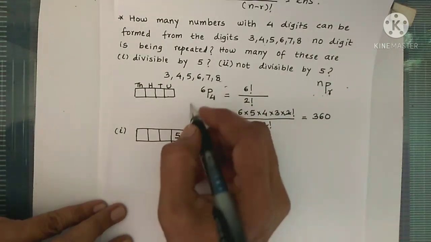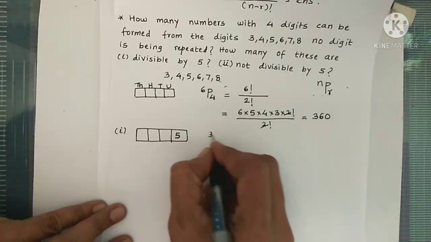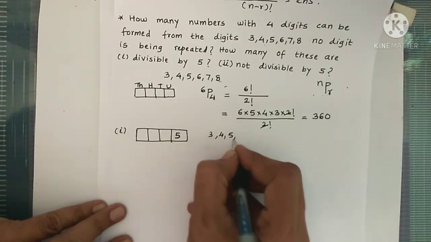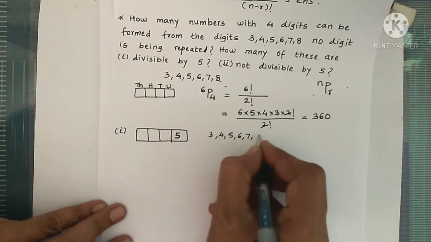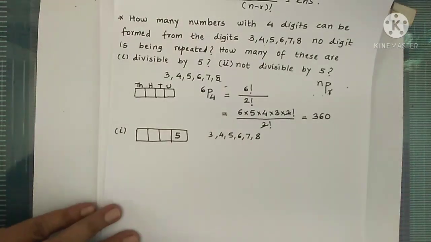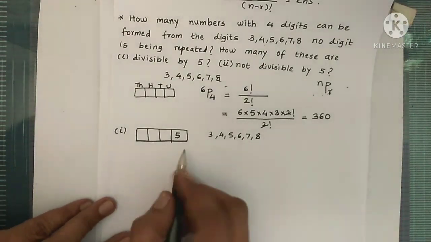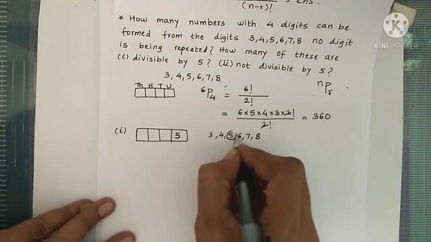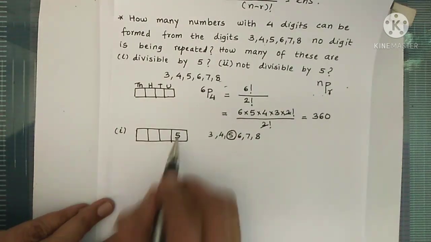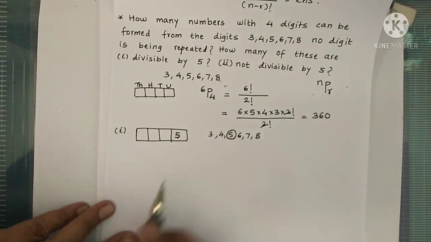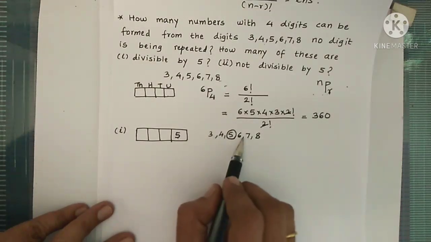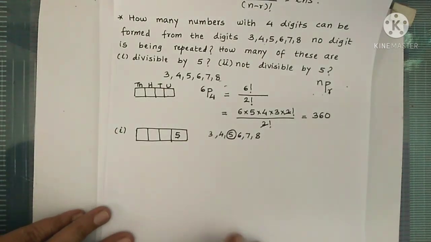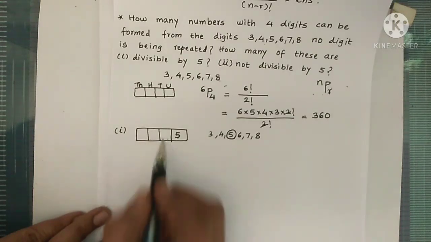So 5 is used. We have been given the digits 3, 4, 5, 6, 7 and 8. We want the number to be divisible by 5, so we have to place 5 in the units place. So we cannot use 5 again, as we have used 5 here.